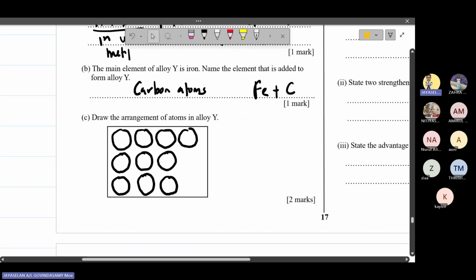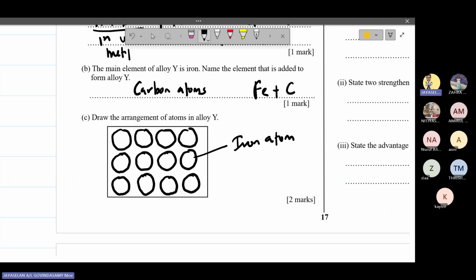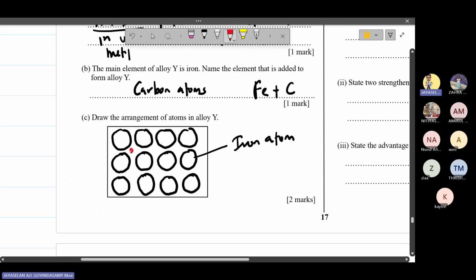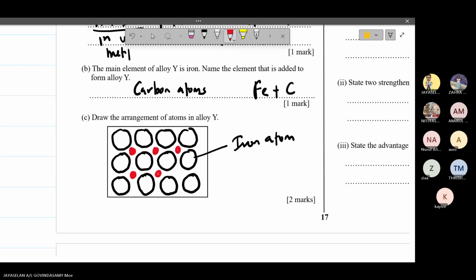It's not a compound. Okay, dah lukis. Label. This is what? Iron atom. Okay, where is your carbon atom? Carbon size kecil kan? So y'all put here. This is your carbon atom. Okay, label this. This is carbon atom. You guys already score 1 mark.